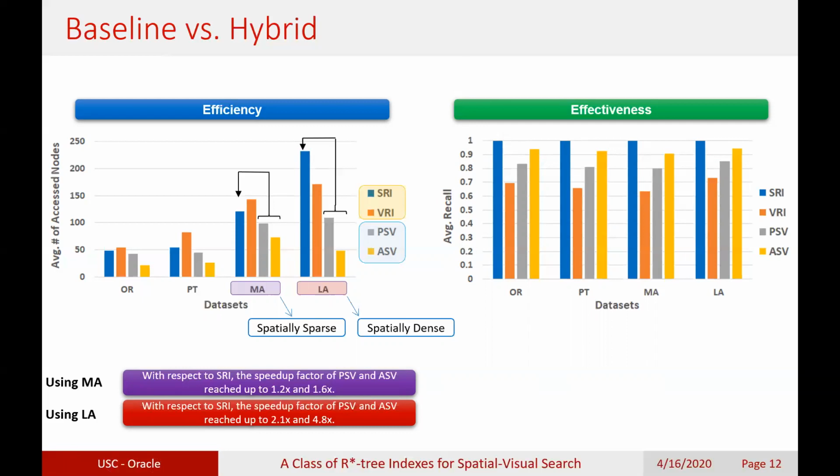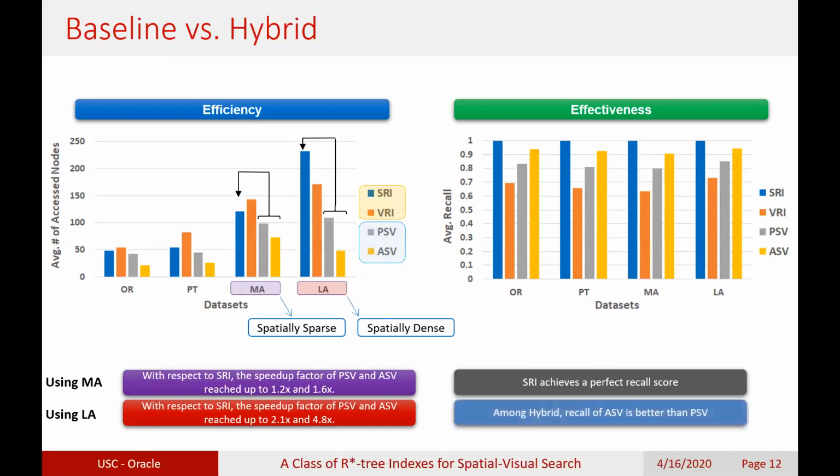Regarding the hybrid indexes, they achieve better recall compared to the other baseline. ASV achieved a better recall score, reaching up to 0.94 compared to BSV, because of prioritizing packing the images located in the same neighborhood together in the same node.